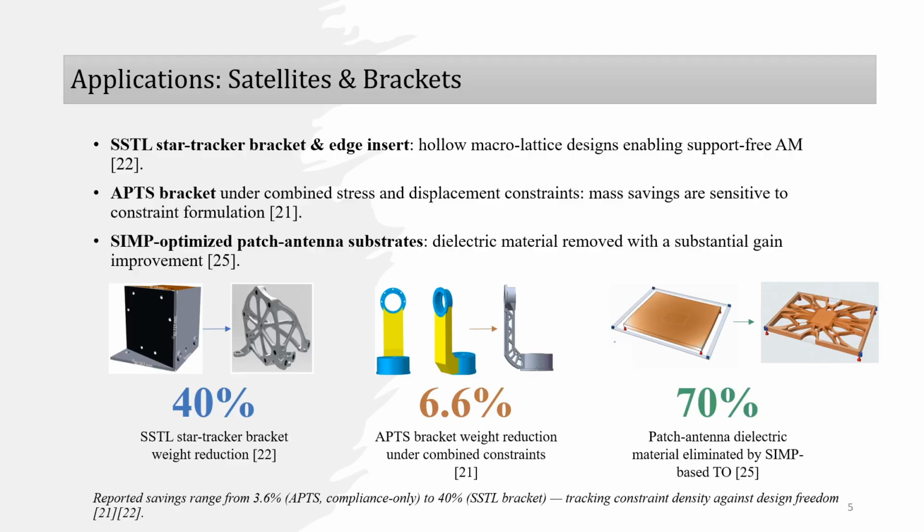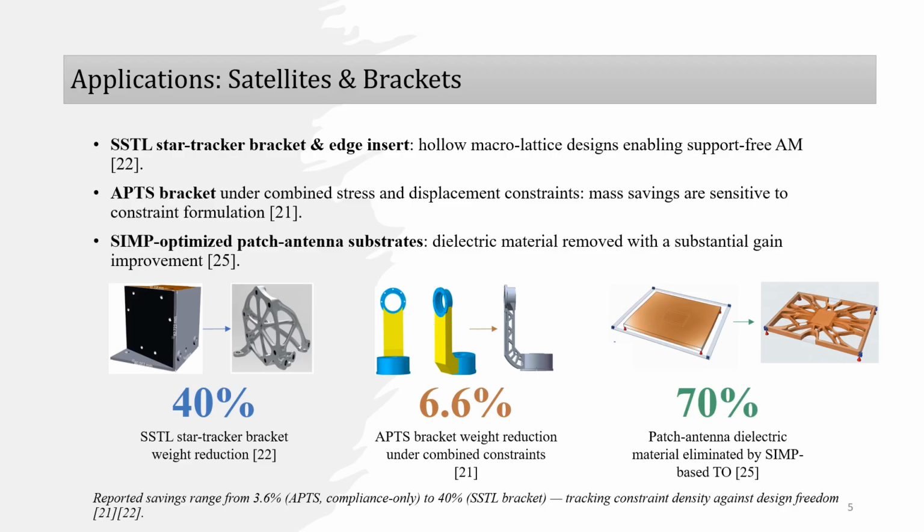The APTS bracket shows a small reduction around 6.6% when both stress and displacement constraints are included. This is important because it shows that mass savings depend strongly on the number and strictness of constraints.